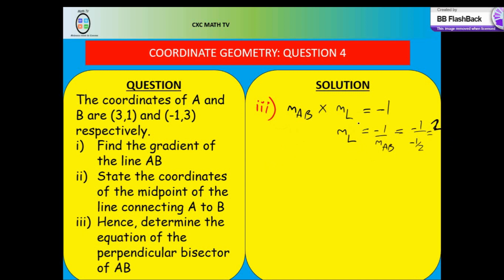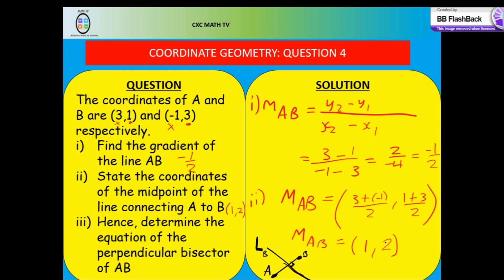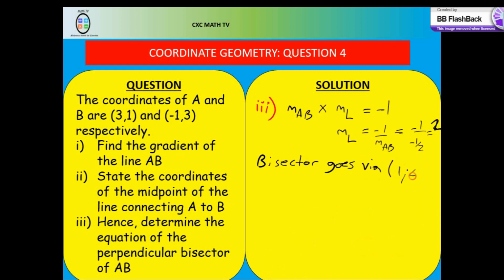Now, once we get the gradient, we also need to remember that the bisector passes through the midpoint. The bisector goes through the midpoint, and the midpoint we got was (1, 2). So now we can find the equation of the line. Remember, the equation of the line is y minus the y value at the point, or you can use y equals mx plus c, doesn't matter.